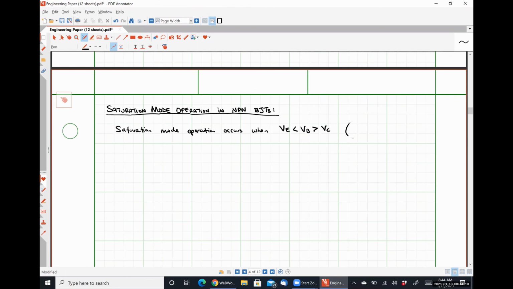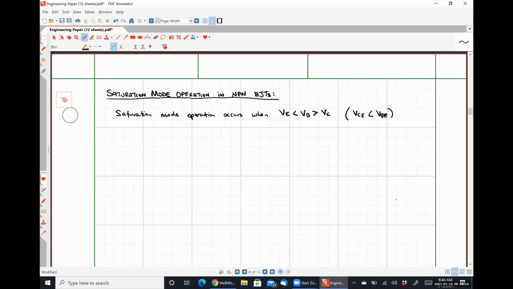Another way to put this is when VCE is less than VBE. So under that condition, let's look at what's happening internal to our transistor device.